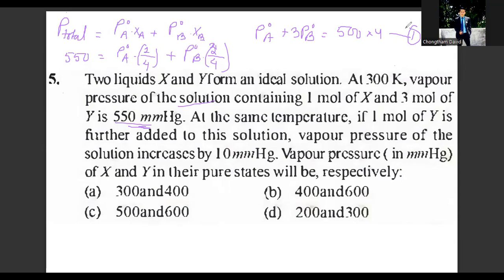And in the second case, how would you derive the relation? From the given equation, this parent equation P total, we can write somewhere here for clarity. In the second case, let me write below. The total pressure or the pressure of the solution can now be written as, according to the condition, 1 by 5 plus P naught B into 4 by 5.